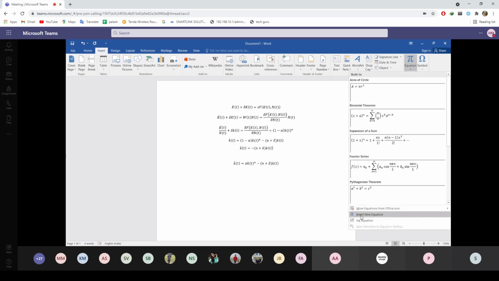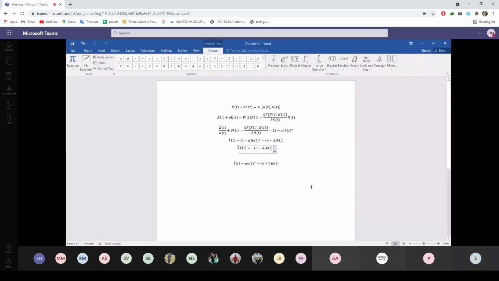It will be f prime kt, small f, multiplied by kt.